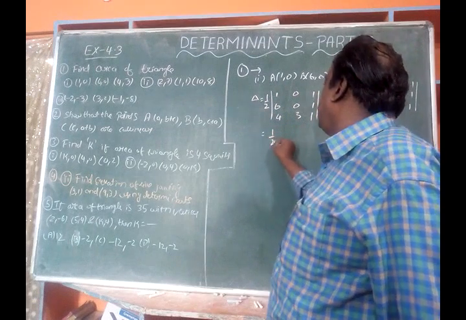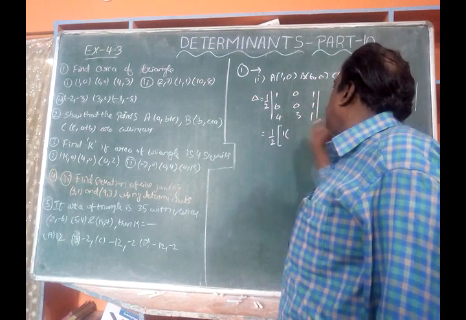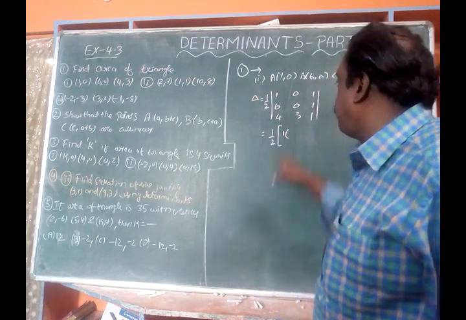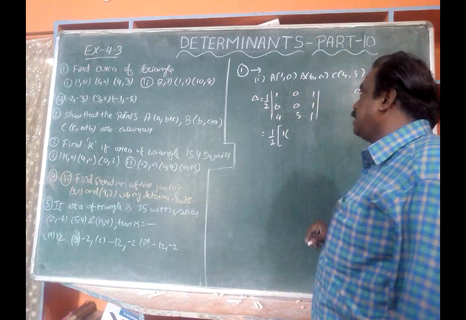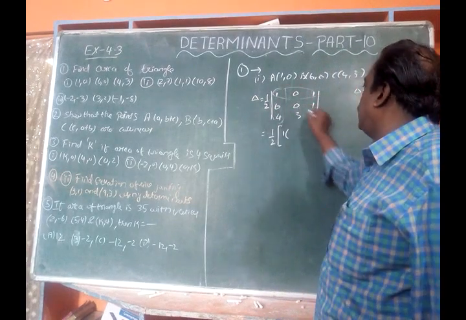It is 1 by 2 into 1 of, in the first row I am calculating the determinant, 1 of this row and column deleted.